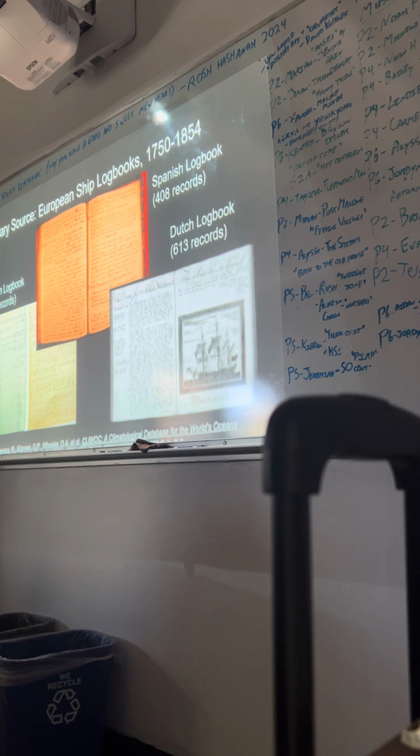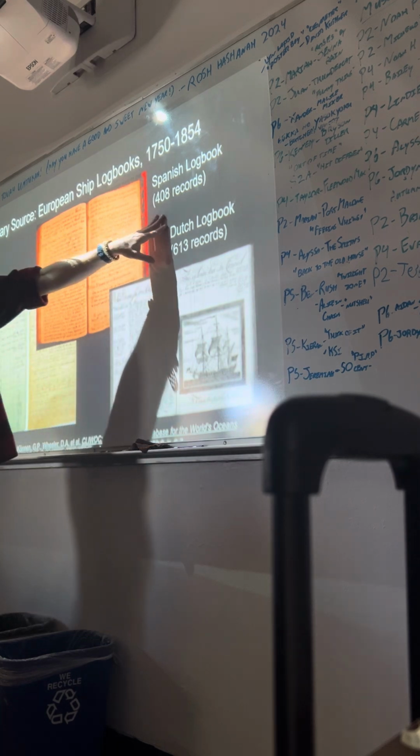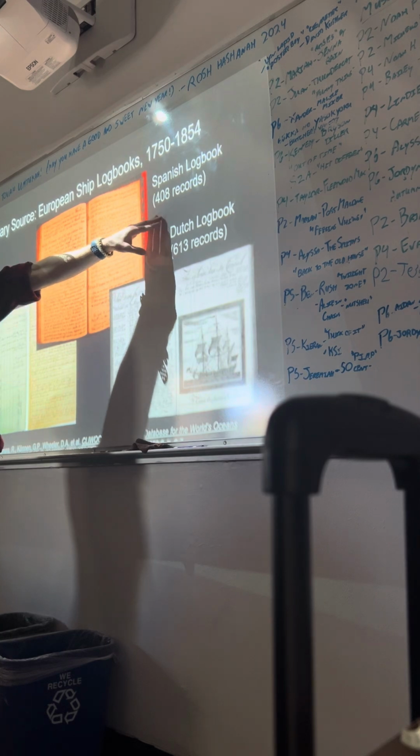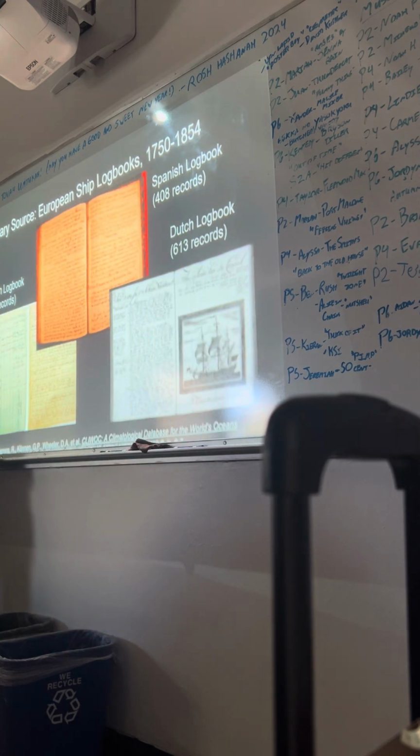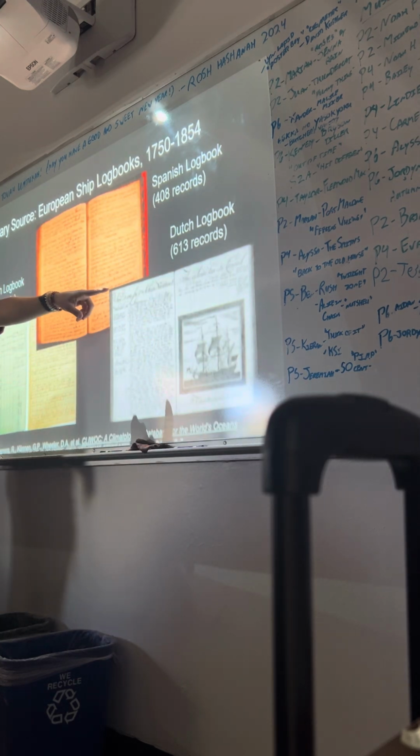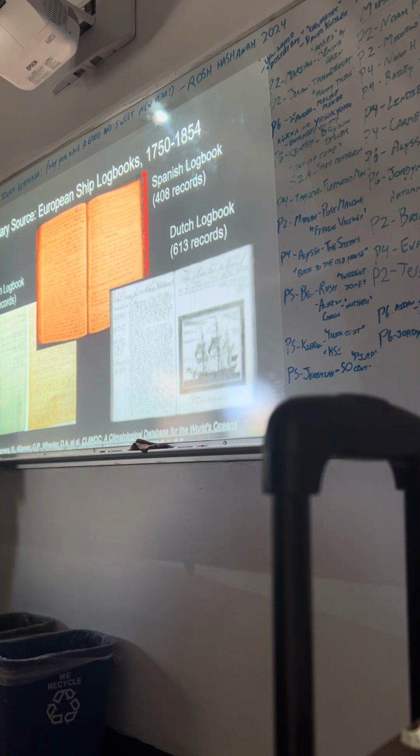They also have 591 of them that they digitized. Then that was for the English. For the Spanish, which of course started their age of exploration even earlier, they had 408 books. And for the Dutch, they had 613. So I just want you to imagine how ambitious a research project this is.